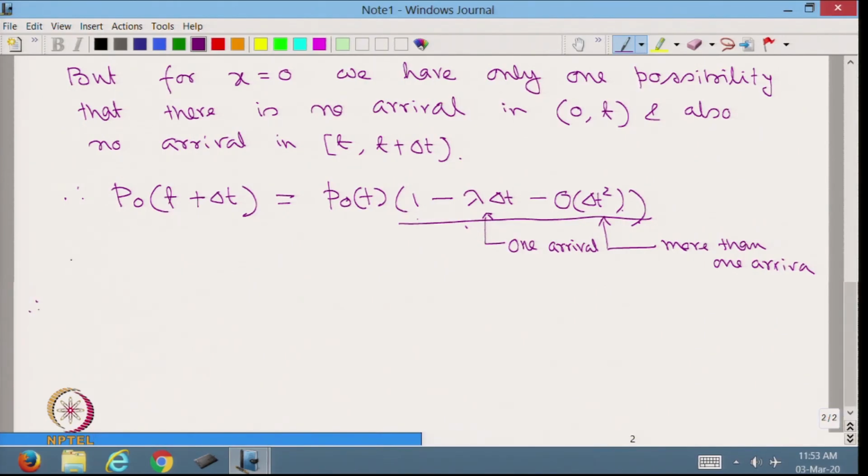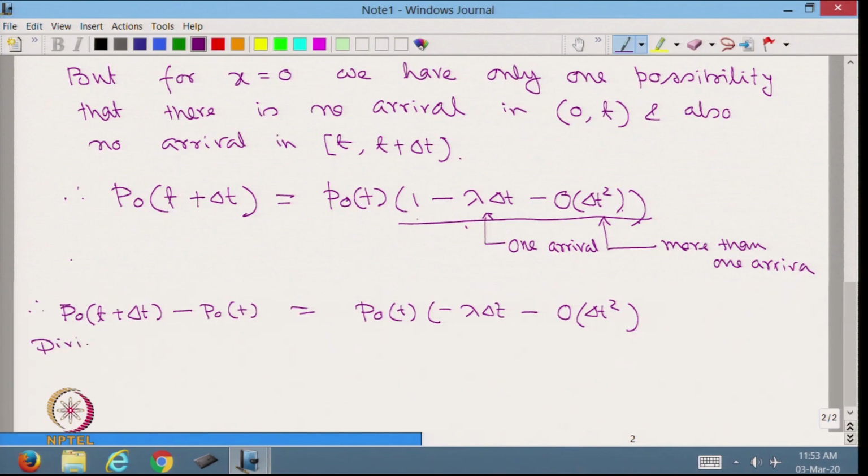Therefore, P_0(t plus delta t) minus P_0(t) is equal to P_0(t) multiplied by minus lambda times delta t minus big O of delta t square.